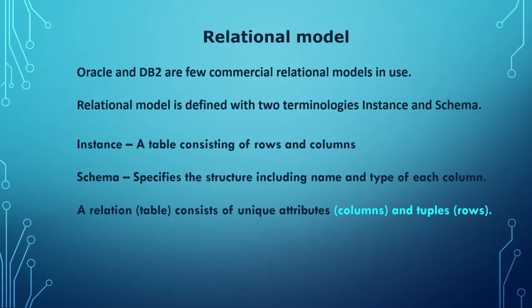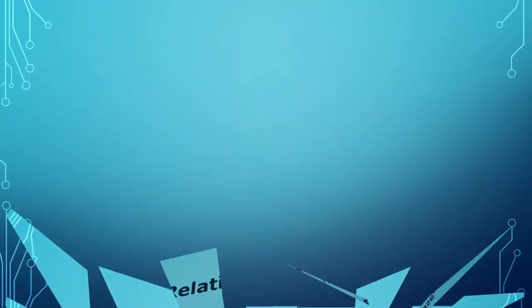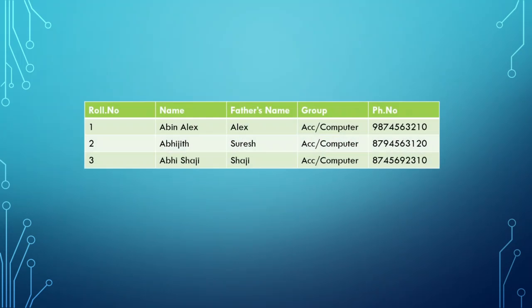So let us see a table. Here we have a table which consists of a few pieces of information: roll number, name, father's name, group, and phone number. So we have 4 rows and 5 columns.